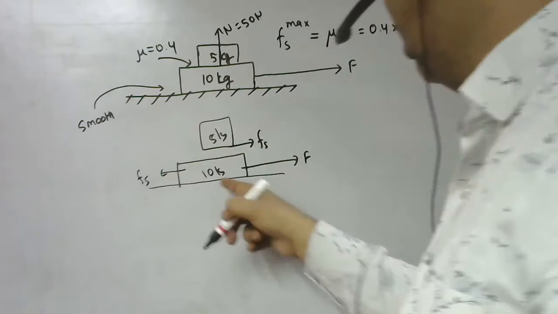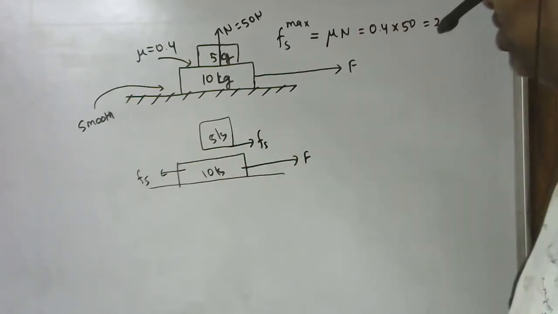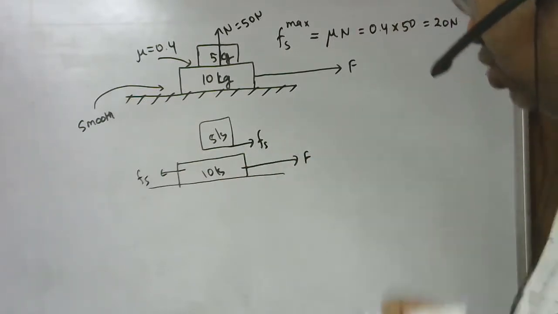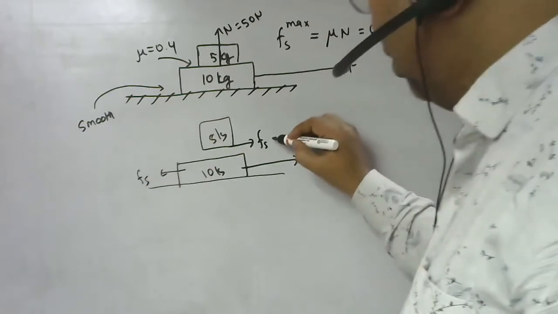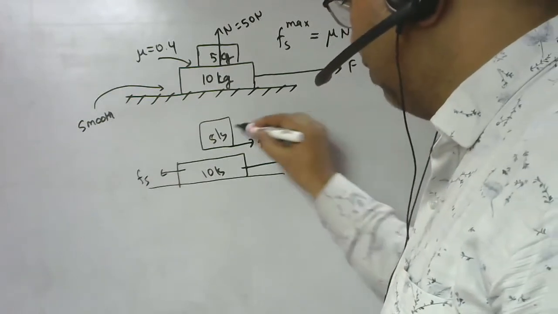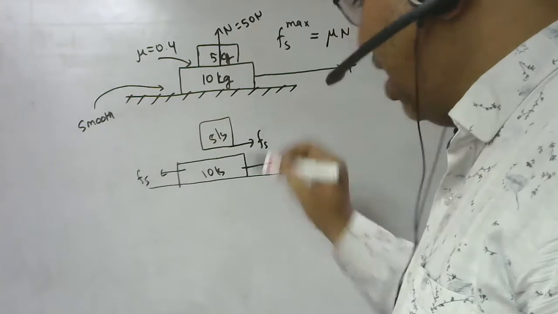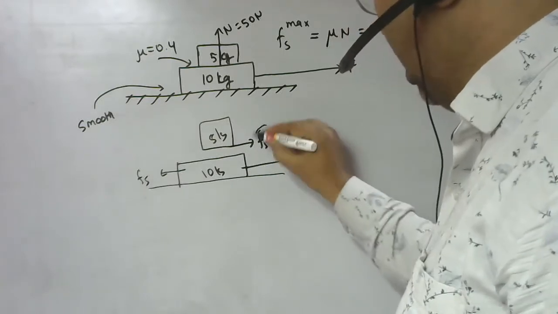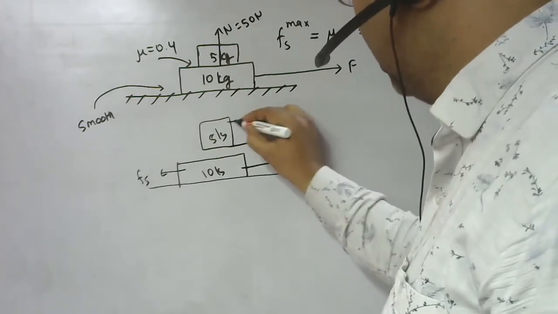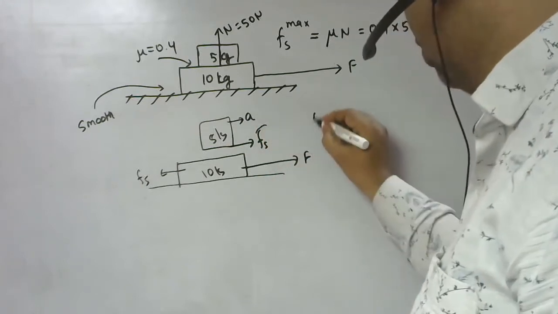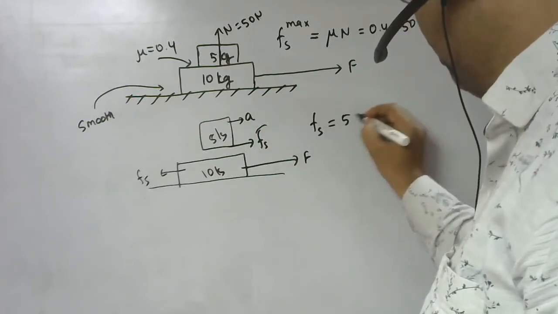There are two forces on the 10 kg block and a single force Fs on the 5 kg block. So the static friction is the only force on the 5 kg block that accelerates it, and if its acceleration is a, we can write Fs equal to 5a.